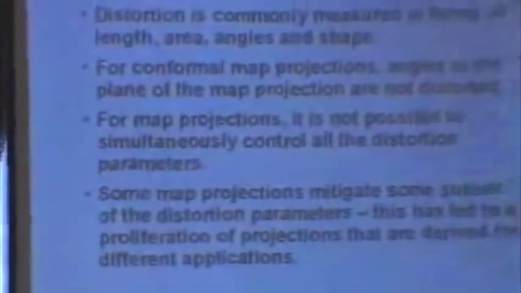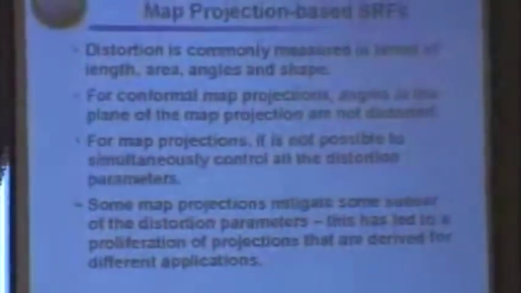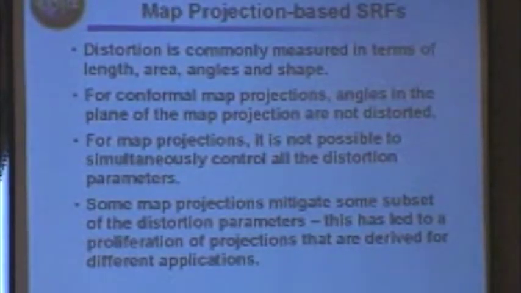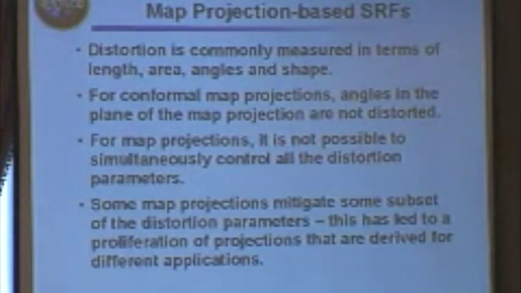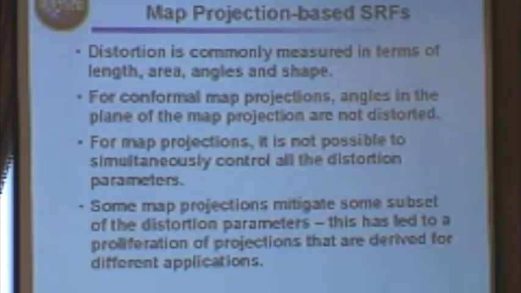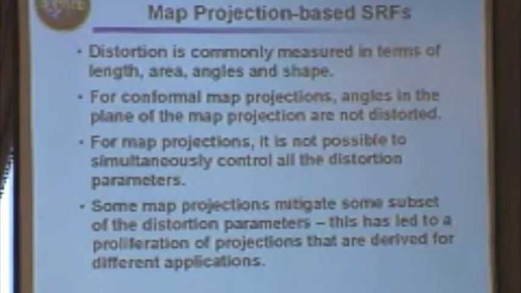Distortion occurs not only in length, but also in areas, angles, and shapes, and I mentioned that. Angles for conformal map projections are not distorted in the plane, but you can't control all these simultaneous factors. In the SRM standard, I once wrote, map projections may distort one of these factors.